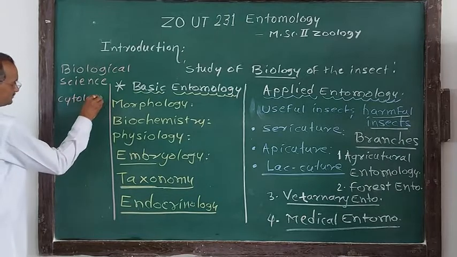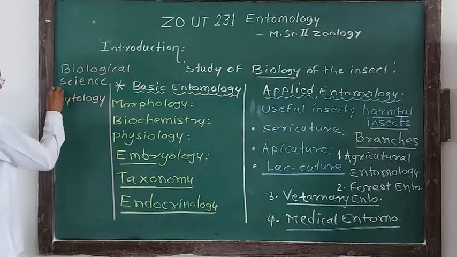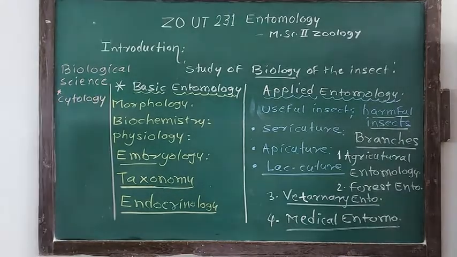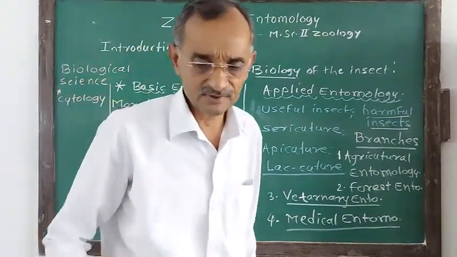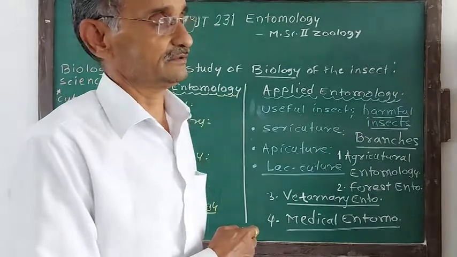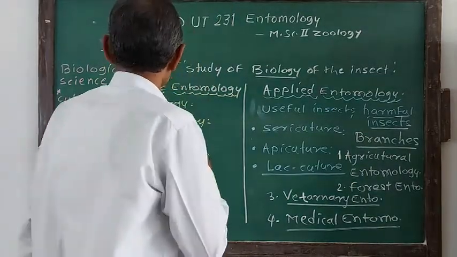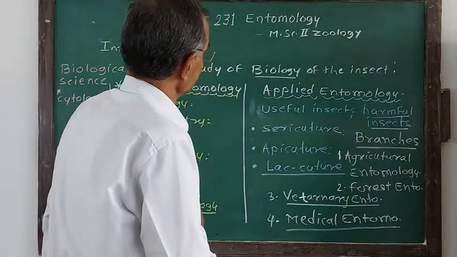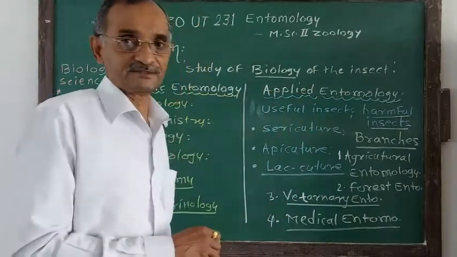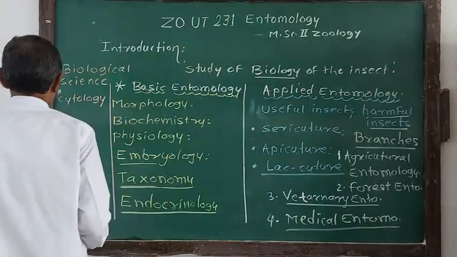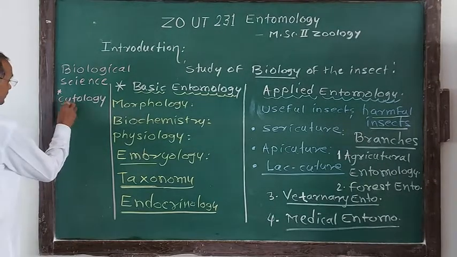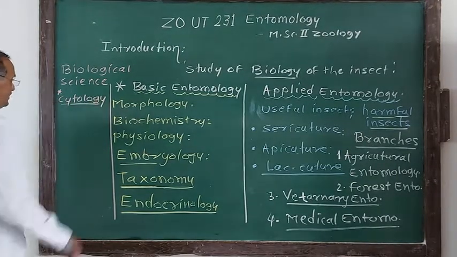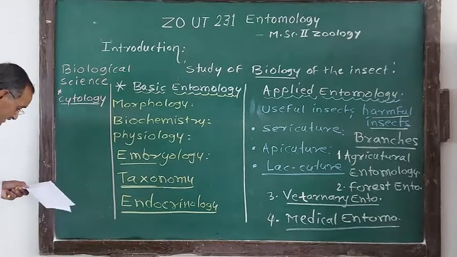For the study of cytology, the study of cells, insects are very sincere. These are certain modern branches of the biological sciences which need insects. So in biological sciences, insects have a major role. They are very essential, for example, cytology, study of cells.